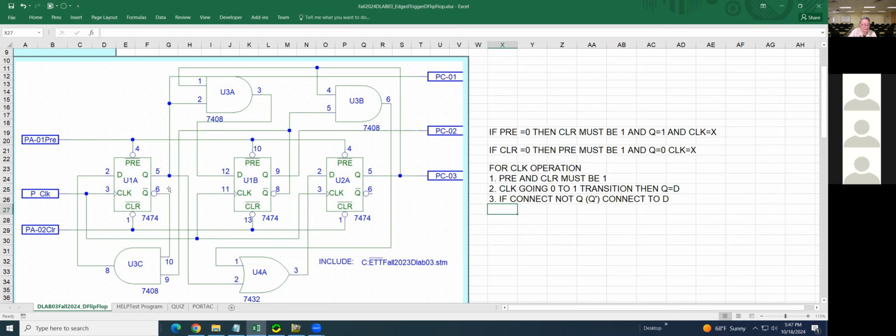If I connect the NOT Q to the D input here, then what happened?